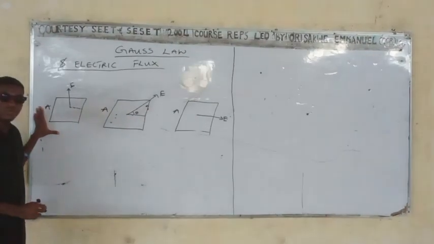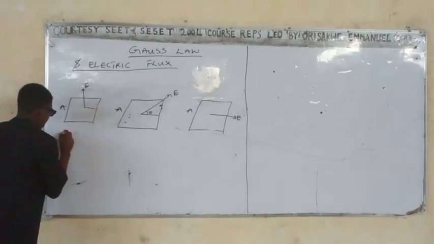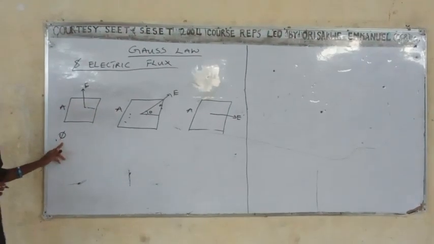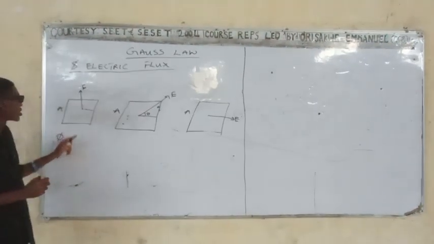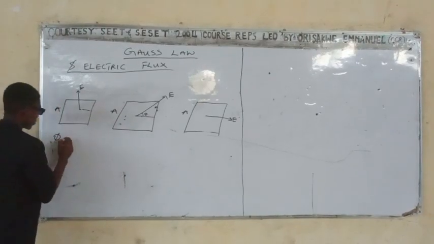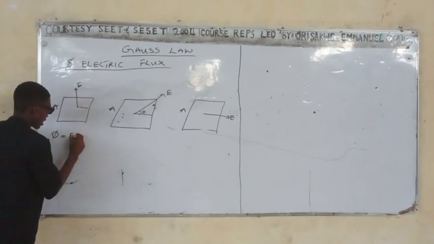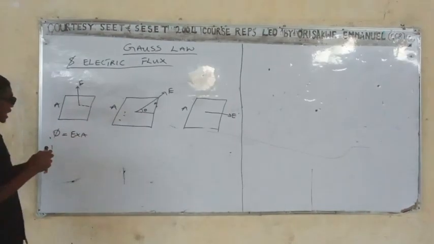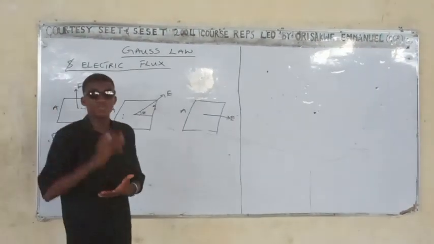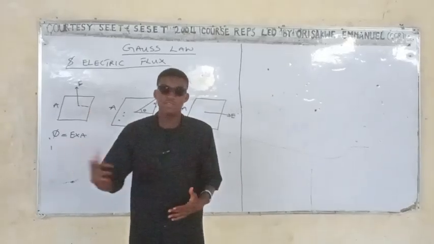This is the symbol for electric flux. To get the electric flux for surface 1, it is the product of your electric field and your area. So for surface 1, electric flux is E times A. What does this mean? If the electric field is acting perpendicular to your surface, electric flux is the electric field times the area of the surface.